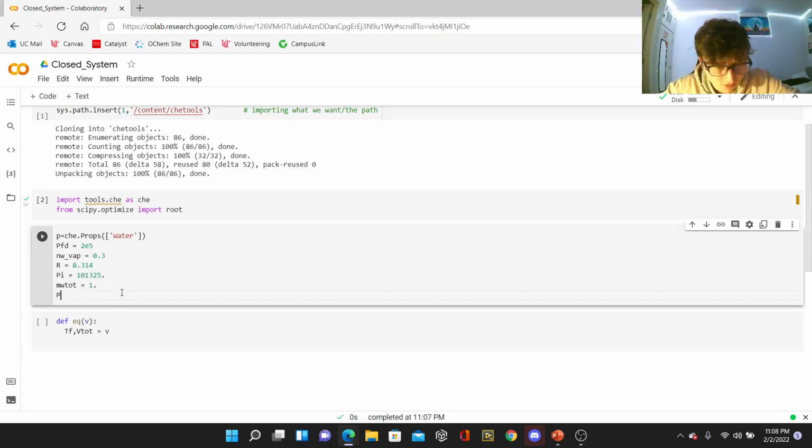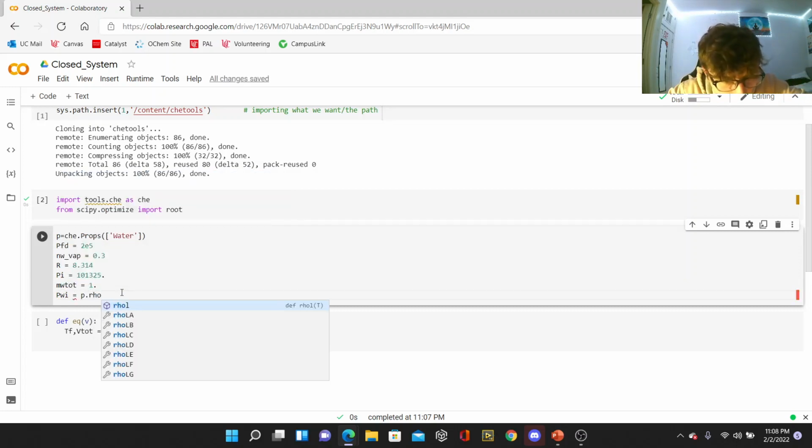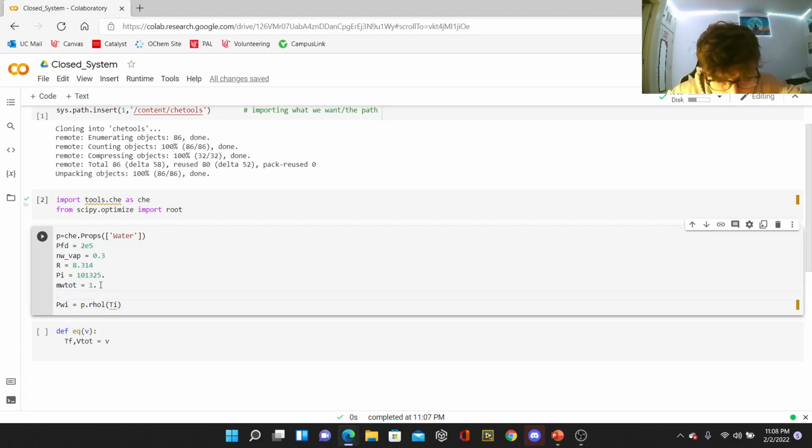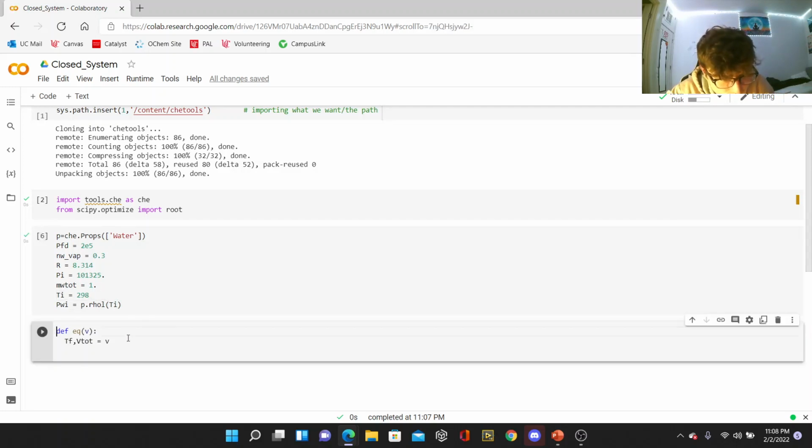So pressure of water initial equals P dot, what is our initial temperature? 290. Oh, I didn't even add that. Is there anything else? I think I'm good. Yeah, I'm good now. All right.